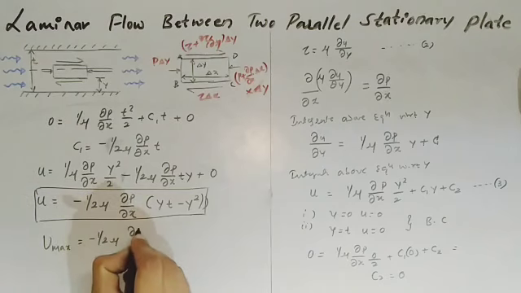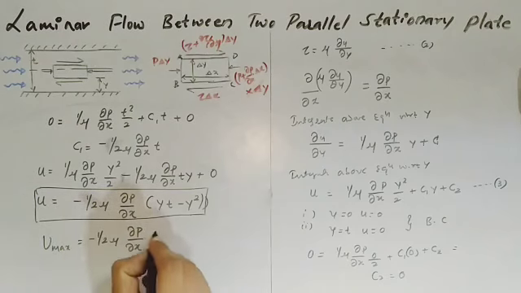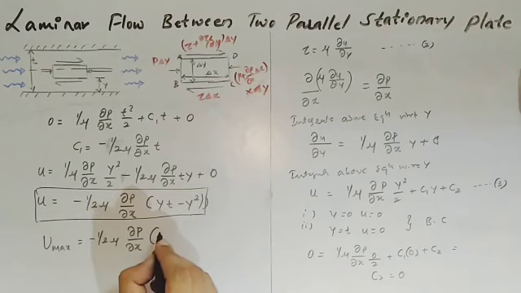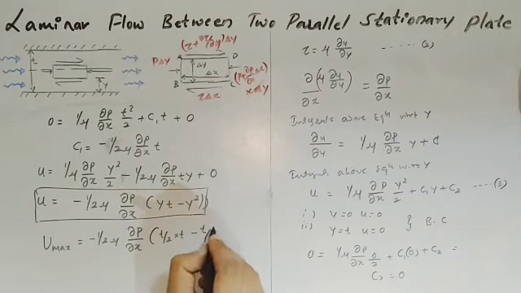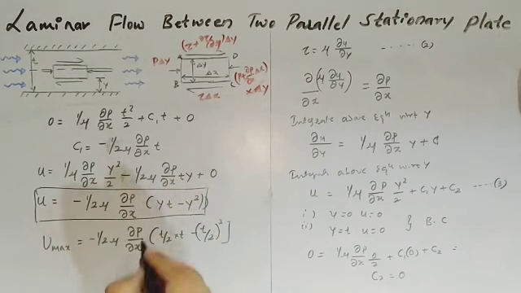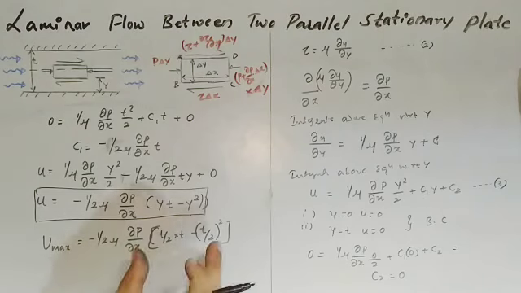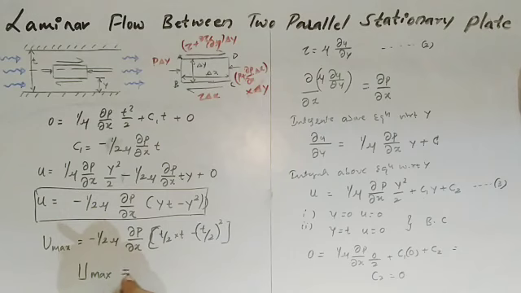2 mu dou p by dou x. Now y will be equals to t by 2. So t by 2 into t minus t by 2, whole square, then this bracket. Now if I simplify this, I will get the maximum velocity, that is u max will be equals to minus 1 by 8 mu dou p by dou x into t square.